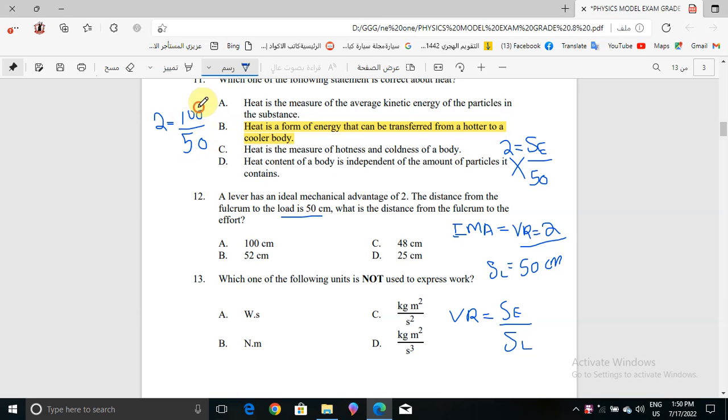Cancel the 0 by 0, and then by 5, so 2 is equal to 2, which is true, which is correct. So the correct answer for question number 12 is choice A, which is 100 centimeter.